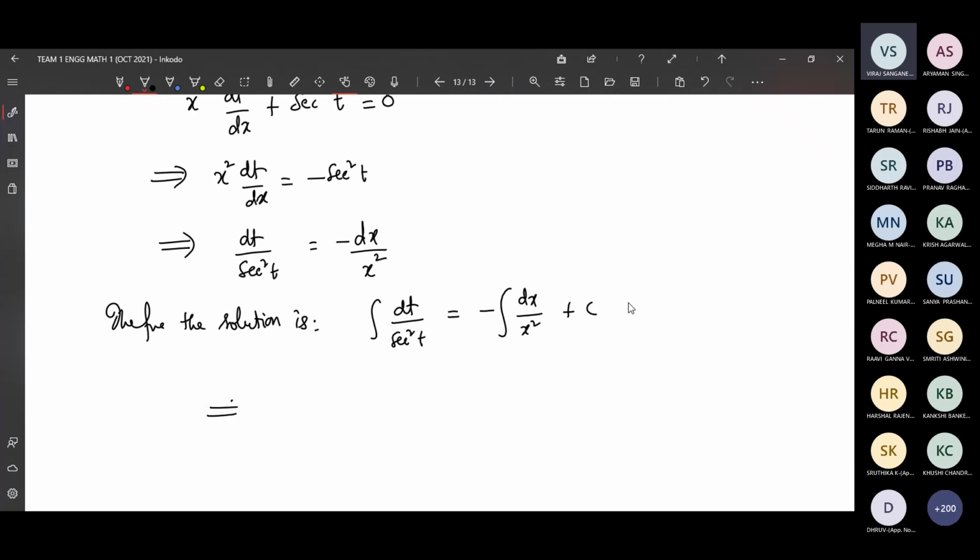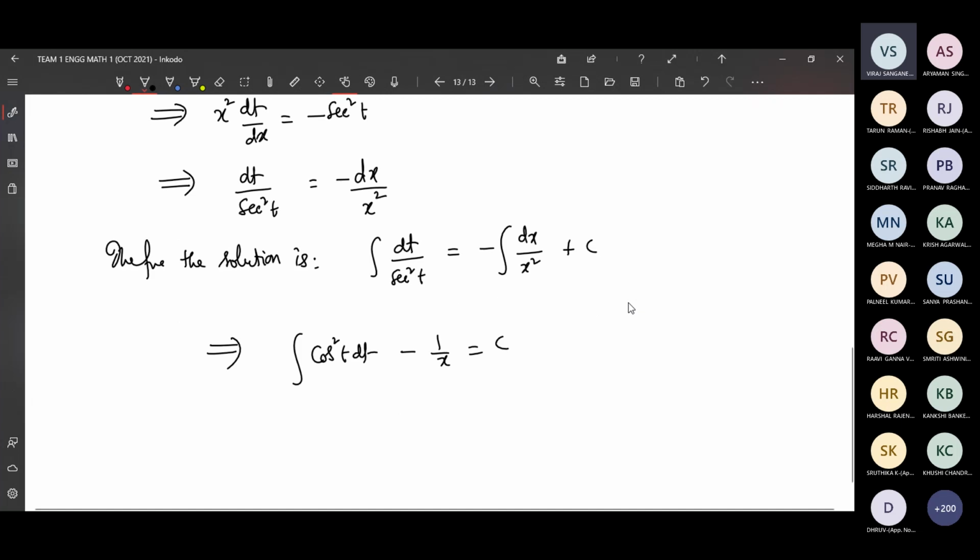So this means the integral of cos square t dt, you know the standard formula, you can write it directly: minus 1 by x equal to c. Again, we don't have it directly, so it is 1 plus cos 2t by 2, minus 1 by x plus c.